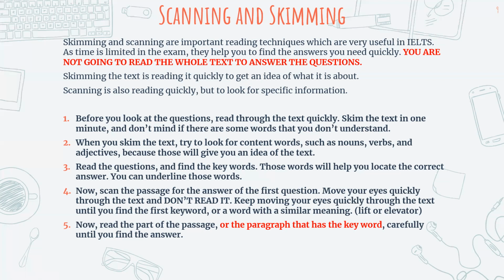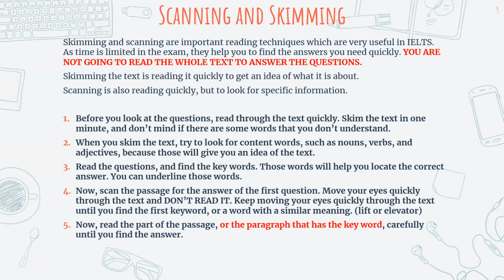We will have some examples. So first, you skim the text in 1 minute to get an idea of the text. Then you read the questions, find the keywords and underline them. Scan the text for the answer of the first question. You will be moving your eyes very quickly until you find the first keyword, or a similar word.